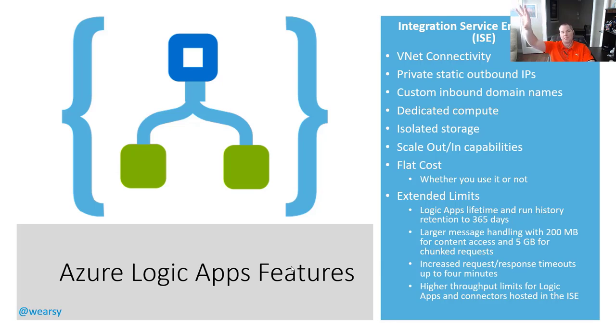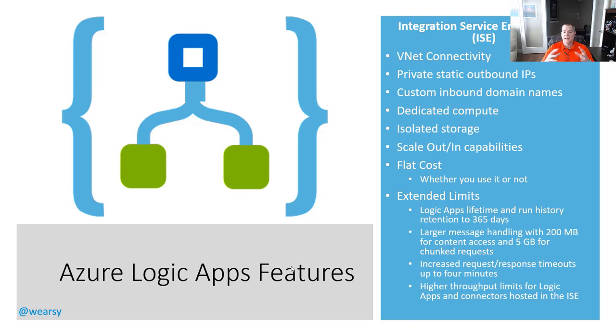You might still have an on-premises data center, and you can leverage an ExpressRoute or a dedicated site-to-site VPN connection and use VNet connectivity that basically extends your data center up to the cloud. So this would allow you to connect to on-premises services and data repositories without the need to use an on-premises data gateway. There's other things like static outbound IPs, inbound domain names, dedicated compute, and isolated storage.